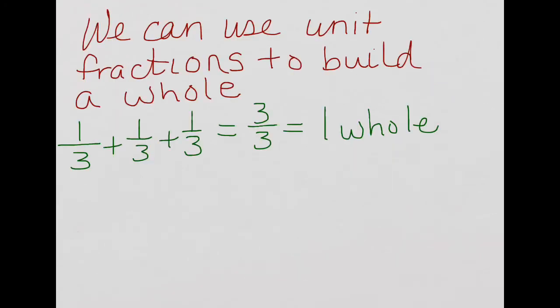We can use unit fractions to build a whole, and here's an example: 1/3 plus 1/3 plus 1/3 equals 3/3, and 3/3 is equal to 1 whole. We remind students that any time we have the same top number and bottom number, the same numerator and denominator, it's equal to 1 whole.